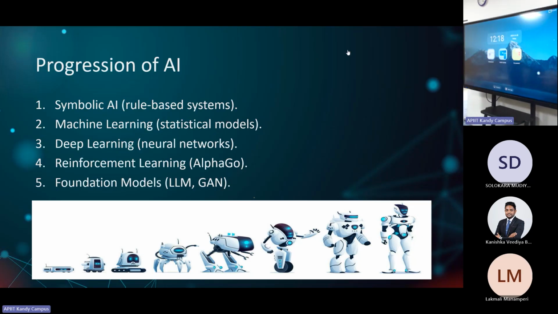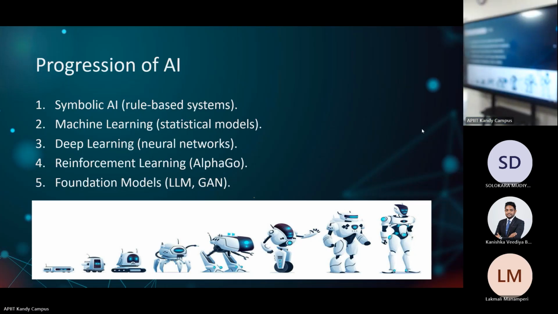If I just show you a pen that you've never seen before, you're still able to identify it. But if you do that to a machine that has never seen that pen before, maybe it is not able to identify it, which we call zero shot. There's something called zero shot learning. I don't want to go there.